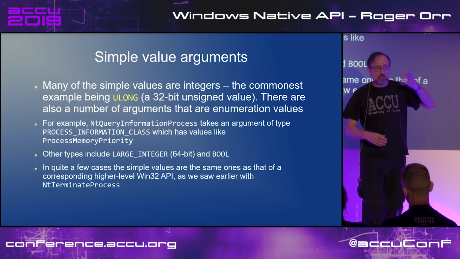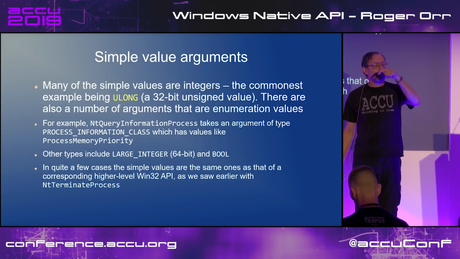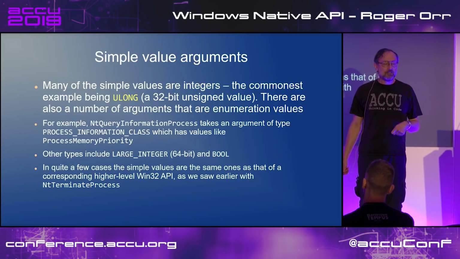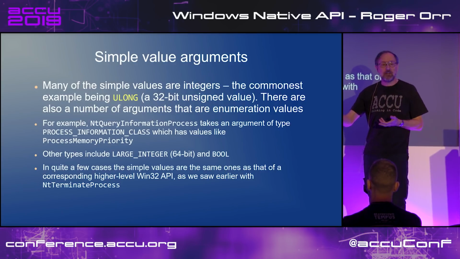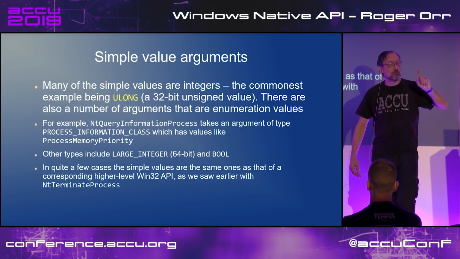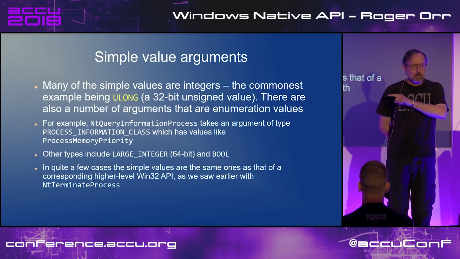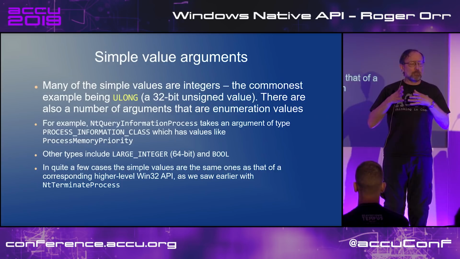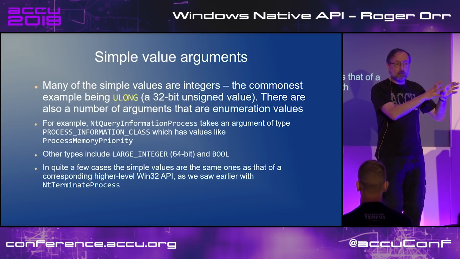And again, as Windows goes on, they tend to add new ones. Fortunately for our sanity, normally at the bottom. So your old program that called a native API still carries on working because they haven't gone and renumbered all the entries in the enumeration list, but they could, so don't rely on that. There was a talk earlier this week about when you wrap an API that doesn't do quite what you want, do you do it in code or do you write your own wrapper function?